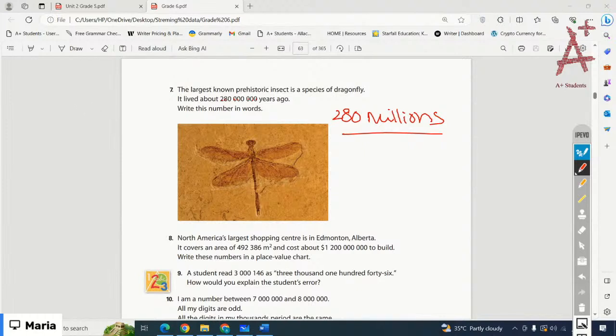Okay, the next question: North America's largest shopping center is in Edmonton, Alberta. It covers an area of 492,386 and cost about this much to build, right? Write these numbers in a place value chart. So 492,386.